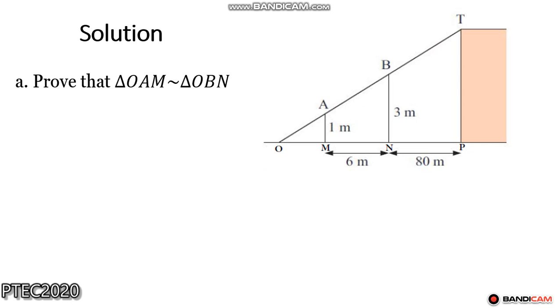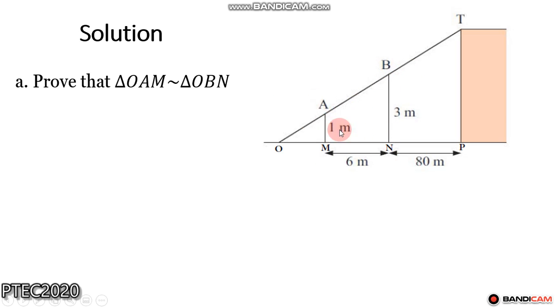In order to prove that the two triangles are similar, we need to look for the corresponding angles. Are there any corresponding angles that are equal, or are there any corresponding sides in proportion? If you look at the corresponding sides, we have only one corresponding side, which is AM and BN.